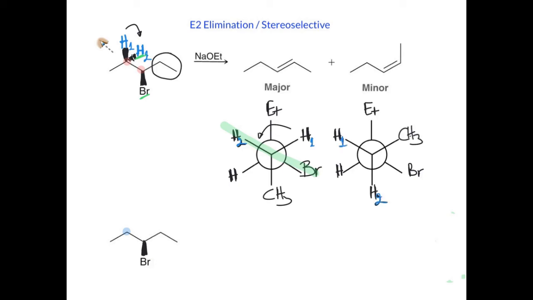We can clearly see that in the second case that we rotated, H1 and bromo came to anti-coplanar position.